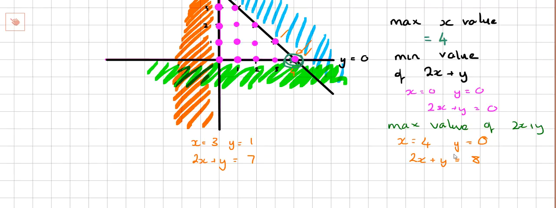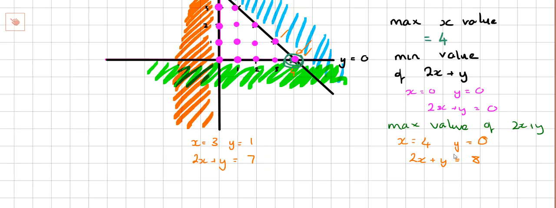Oh, we did the same thing. Okay? So it's just about within the region that you've identified, how do I get the least or the most, or that kind of thing. Does that make sense?